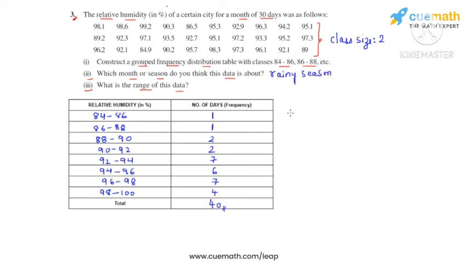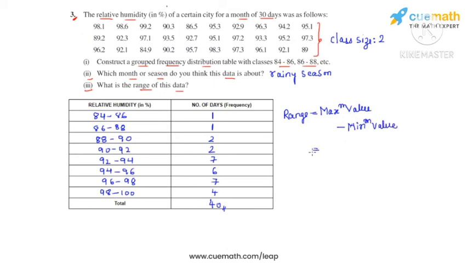Now the third point asks us to find the range of this data. Range can be found by taking the maximum value and then subtracting the minimum value from it. So the maximum value and the minimum value are to be taken from the given data.